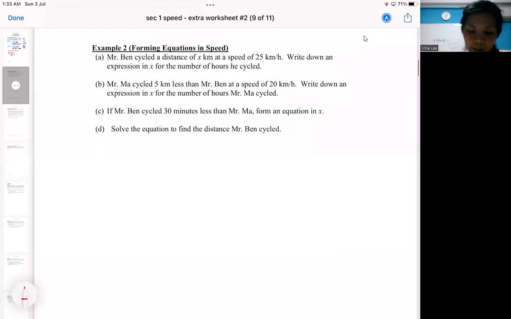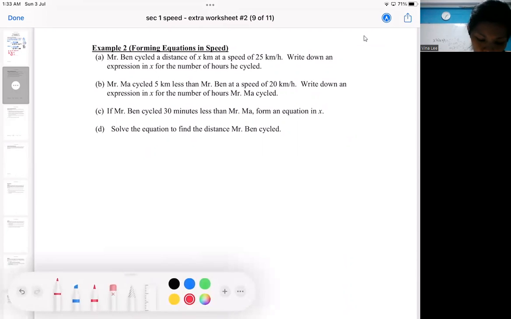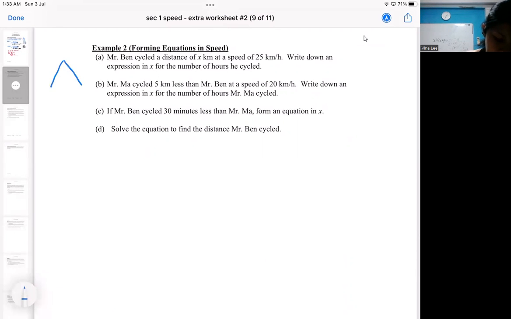So this is another example where we'll be forming equations in speed. So algebra equation. Let's set up the formula first.